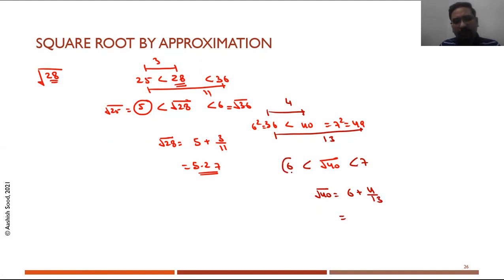So 6, which is the smaller number, plus the first gap 4 over the second gap 13, which comes to around 6.3-ish, 6.31 मान लेते हैं approximately. Therefore, I can simply say my root 40 is 6.3 or 6.31.